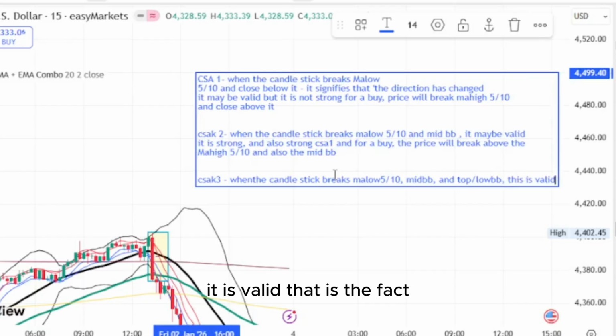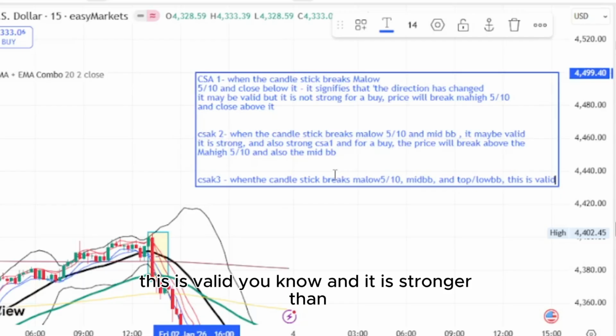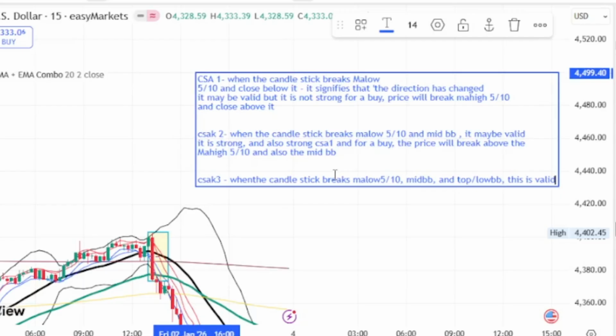That is the fact. It is a very strong break of structure, and it is stronger than the CSAK2.